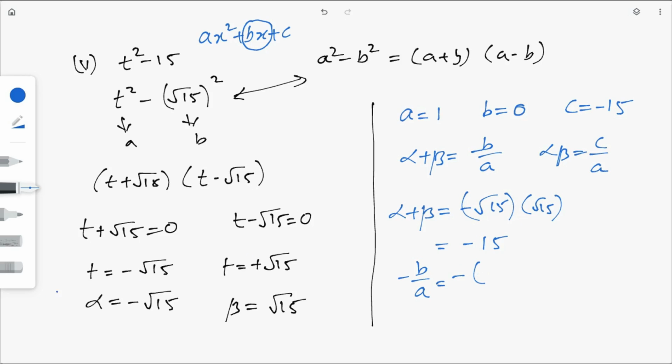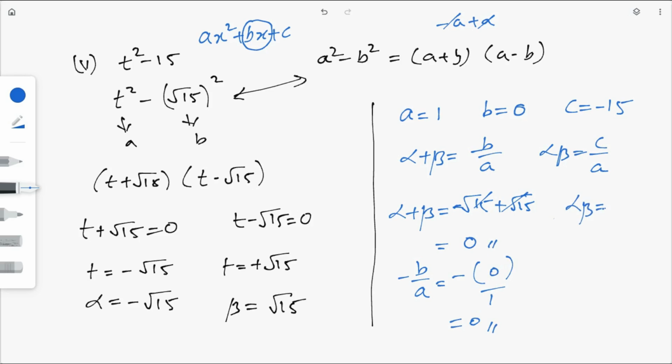Sorry, one sec, it is alpha plus beta, right? So minus root 15 and plus root 15 will give 0, just like minus a plus a. These two will cancel out, right? So similarly here also these two will cancel out, then you will get 0 here. So 0 by 1, which is 0, hence verified.